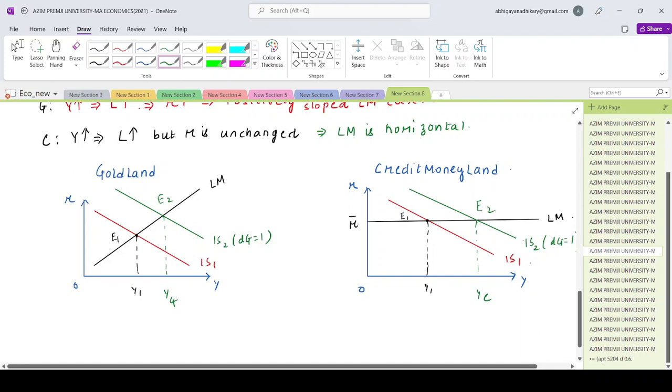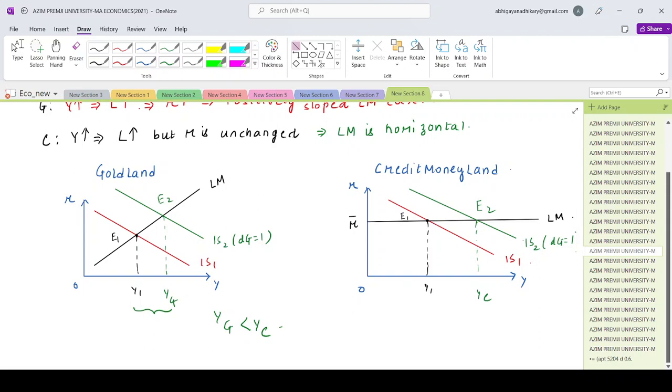Now, YG is actually less than YC. Let me draw another comparative figure, where the initial output is the same in both cases. If I club both diagrams together, this is the parametrically set R bar, and this is the LM for Credit Money Land, and this is the LM for Gold Land.